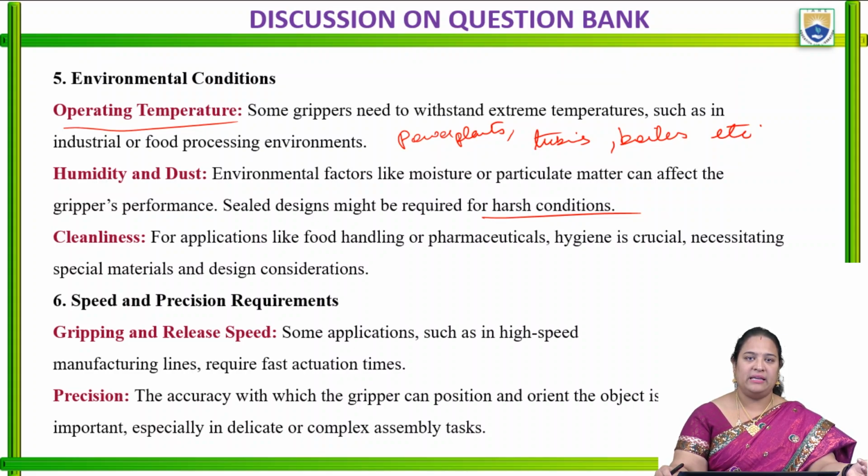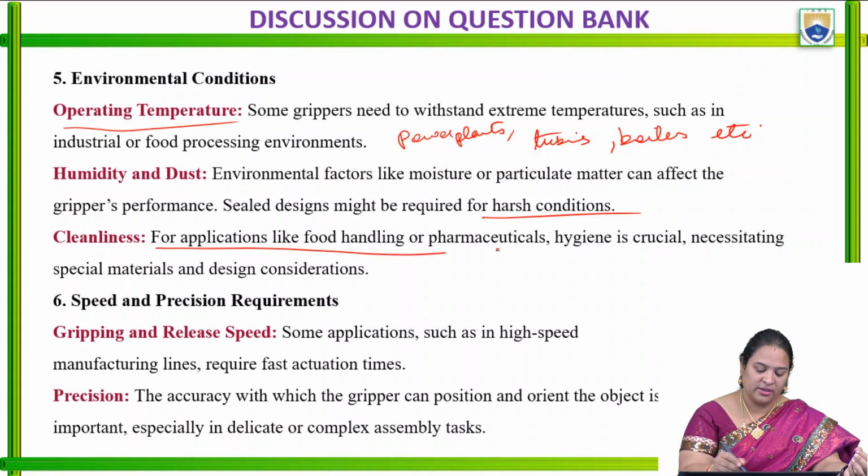What do we mean by cleanliness? Generally, the robot's end effector should be very clean when it is working in applications like food handling, pharmaceutical, hygienic and crucial, necessitating special materials and design considerations.